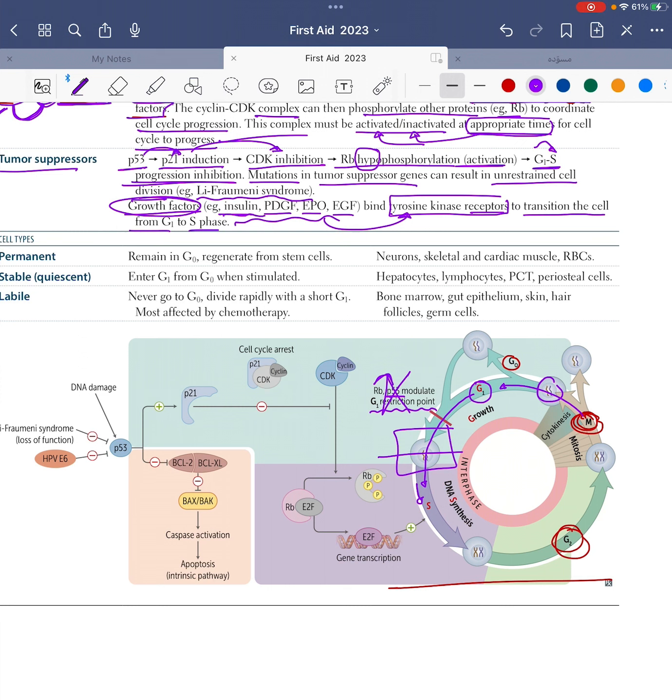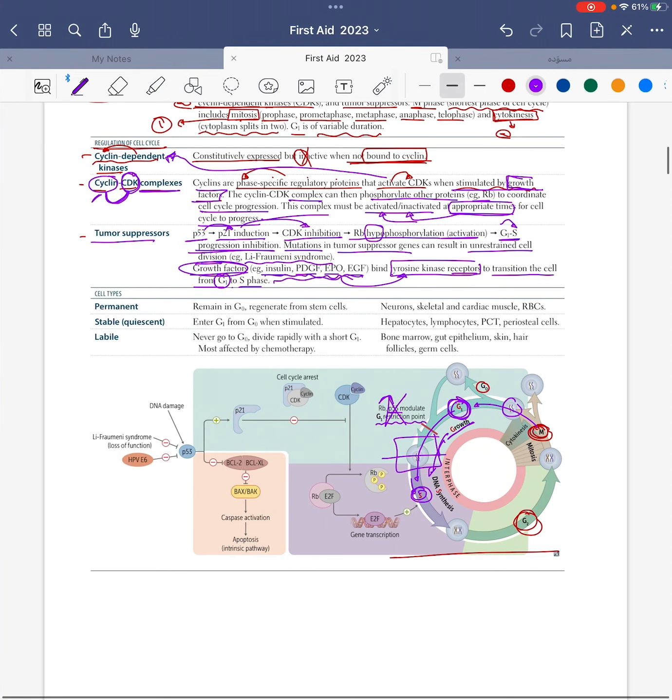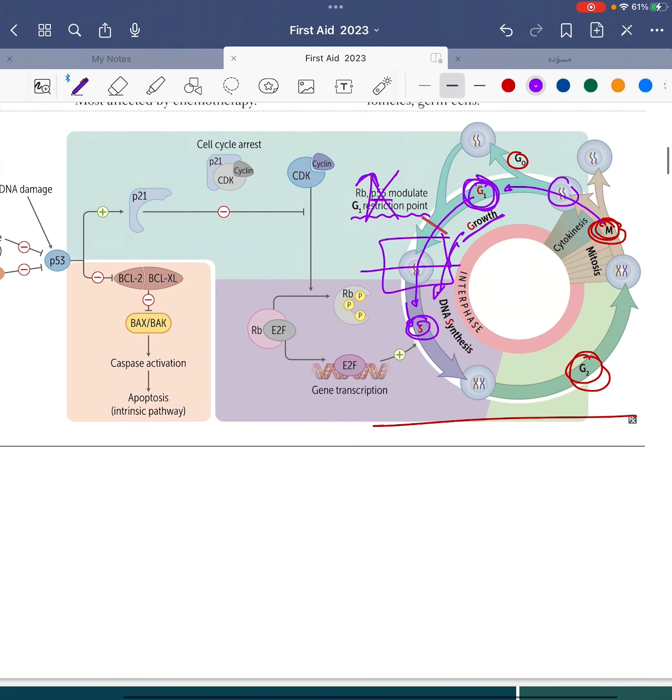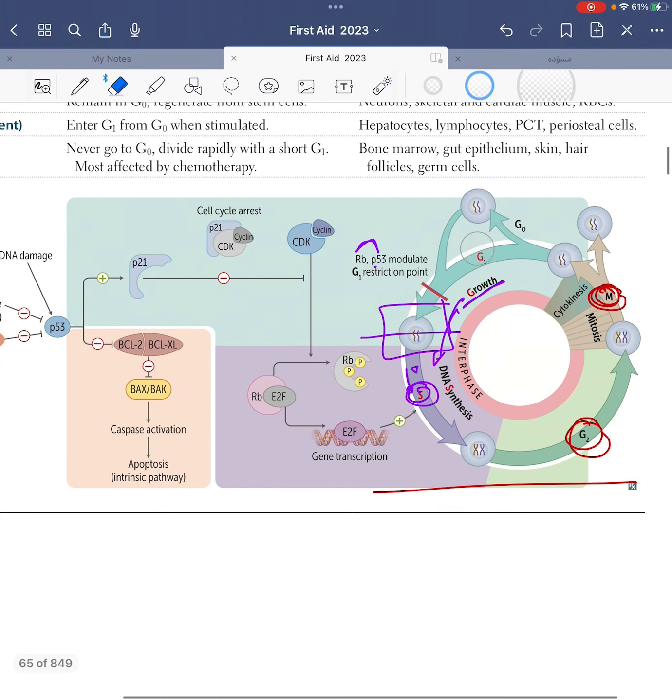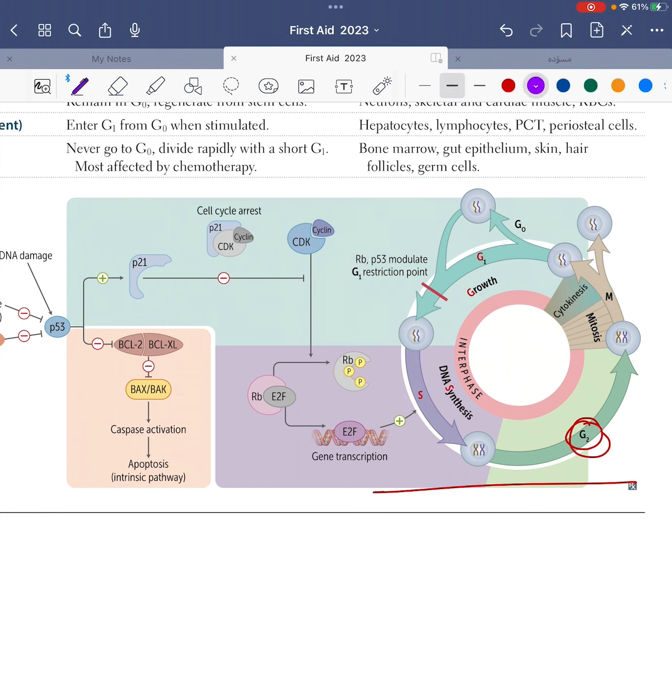These receptors regulate the transition of the dividing cell from the G1 to the S phase as well. And that's where the growth should go.